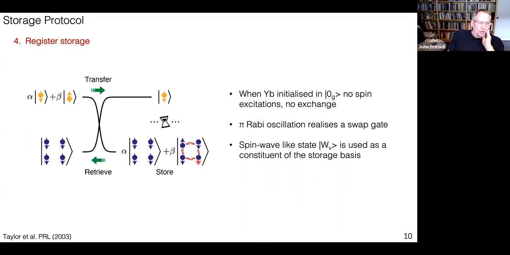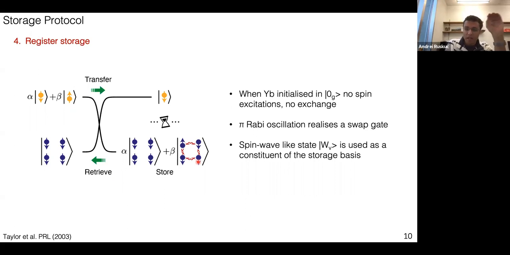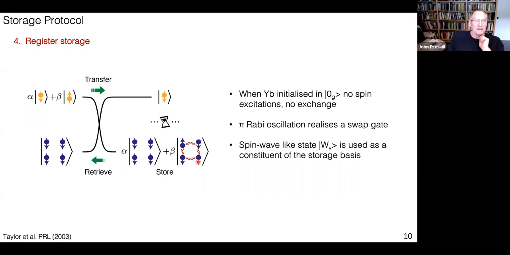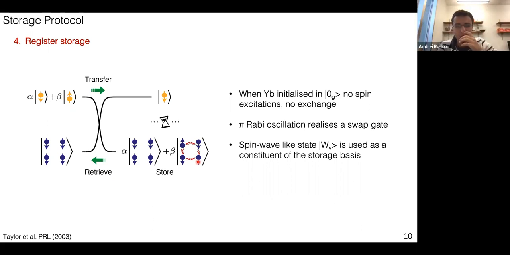But is it a swap only if you prepare this particular state of the vanadium spins and not for a general state of the vanadium? So it's not really a swap. I mean, usually when we speak of a swap, we imagine we've got two qubits and they change places, but this is for some fixed state of the vanadium manifold, right? You're absolutely correct. So this is essentially assuming that you're operating in the single excitation basis, then it will operate as a swap in this limited basis.